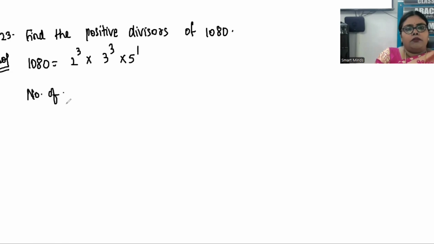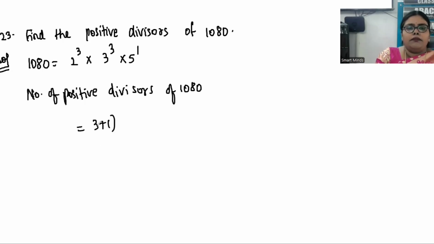So what are the number of positive divisors? Number of positive divisors of 1080 is, just add 1 to the powers. So 3 plus 1 into 3 plus 1 into 1 plus 1. That is 4 into 4 into 2, which is equal to 32.